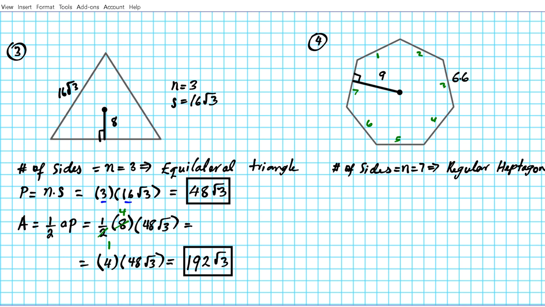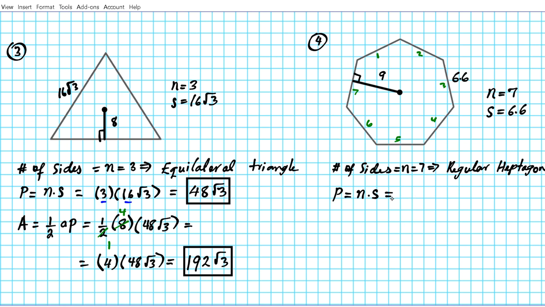All right, so let's find the perimeter. The perimeter is going to be the number of sides times the length of each side. There are 7 sides since it's a heptagon, and the length of each side is 6.6, which is what was given to us.